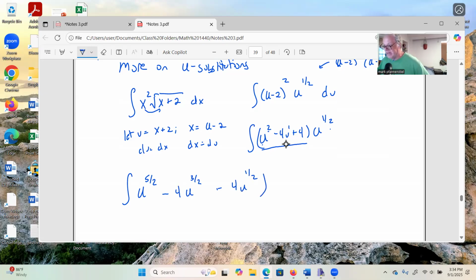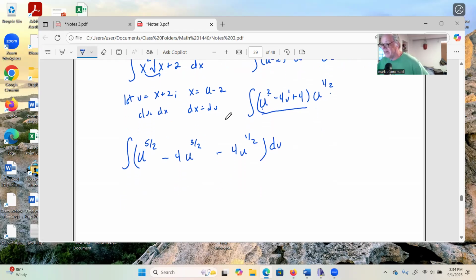And we have to go ahead and integrate this. We haven't integrated yet. All we did was massage this problem so that we could integrate it. Now we're ready to integrate. So again, remember our power rule says add 1 to the exponent. So this is going to be u to the 5 halves plus 2 halves, which is 7/2. And if you have to write a little plus 2 halves in here to make sure that you're getting this correct, be my guest and do this.